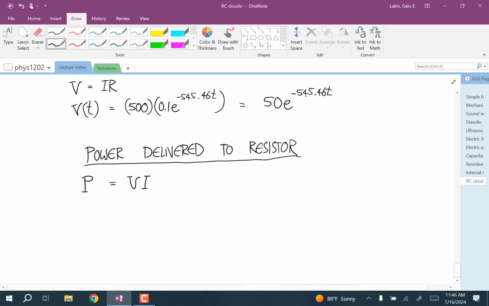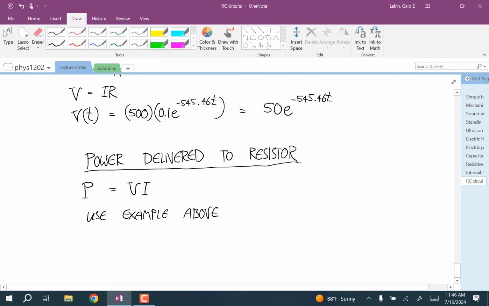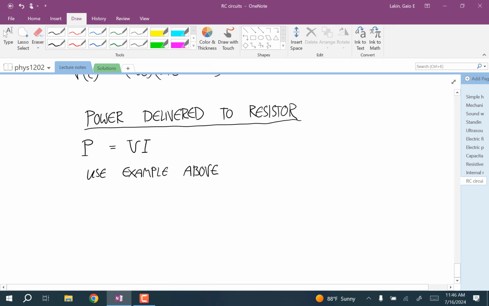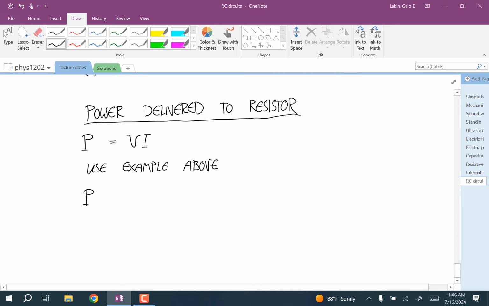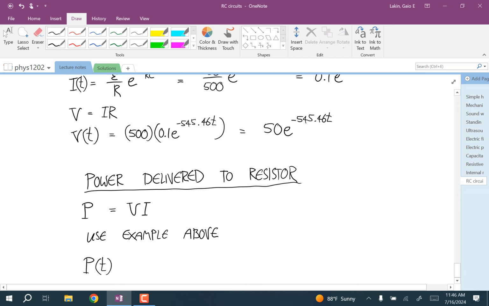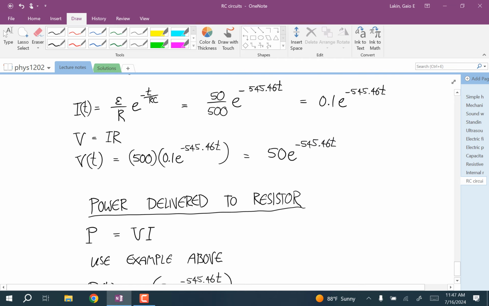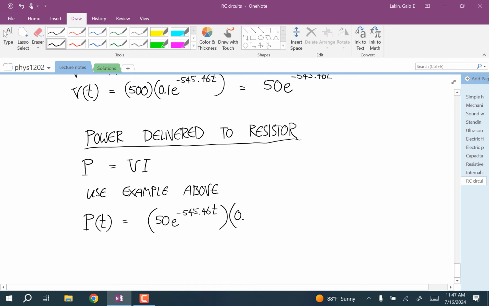And so if I'm going to use the example that I just did, the example above, if we want to calculate the power delivered to this resistor as a function of time, we can just take the voltage as a function of time, multiply it by the current as a function of time.